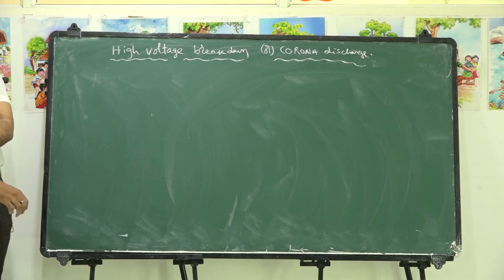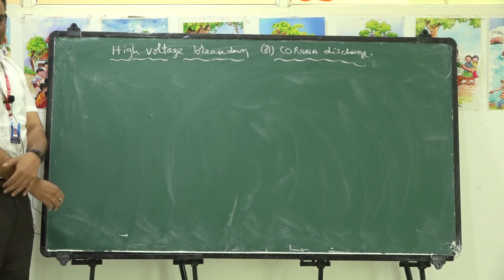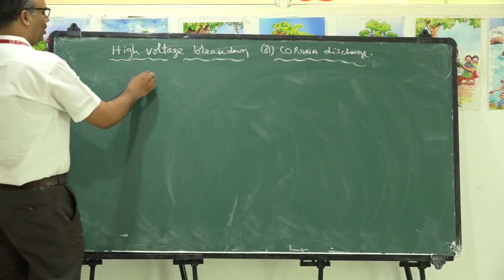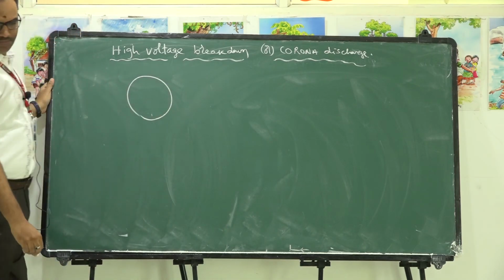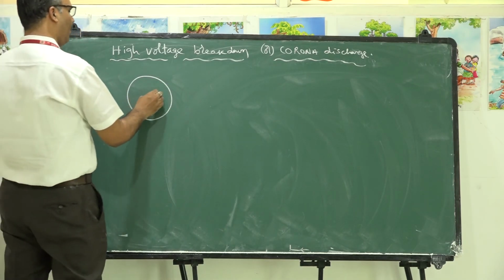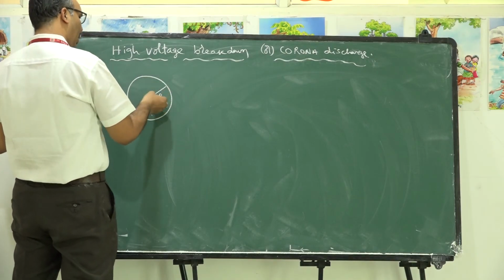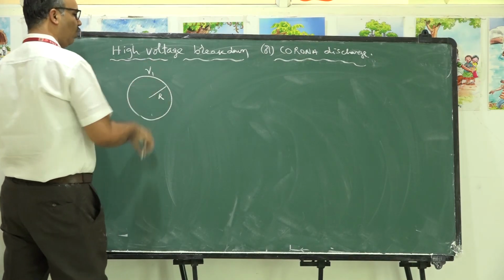High voltage breakdown means, like the earlier concept, here also we will take two isolated metallic spheres. The first sphere is having radius capital R, provided with the charge Q1.